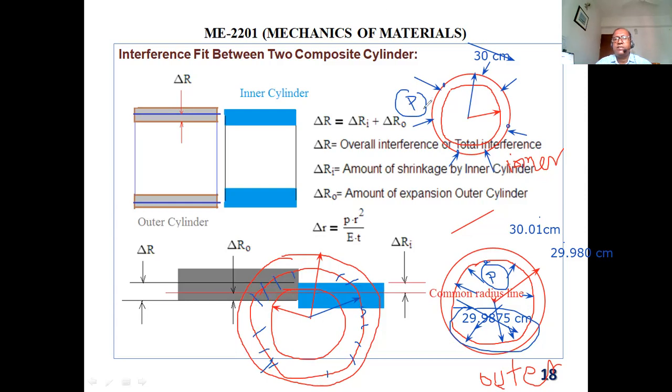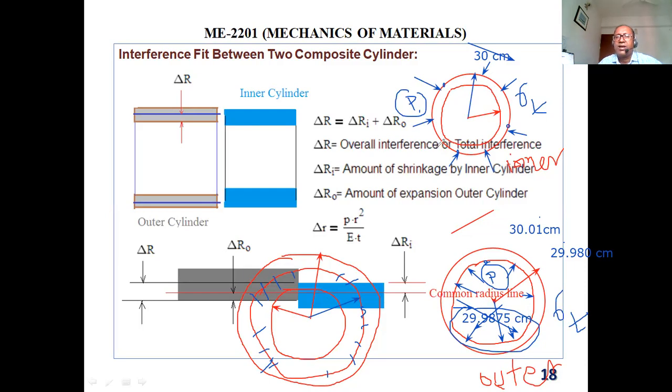And due to this pressure, what will happen? This inner cylinder tries to be squeezed and the outer cylinder tries to expand. And then there will be sigma T, and also over here there will be sigma T, but this will be compressive. So you need to make sure that sigma T is not that much. Okay.